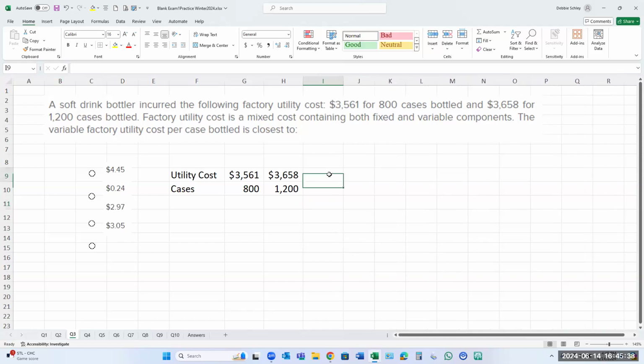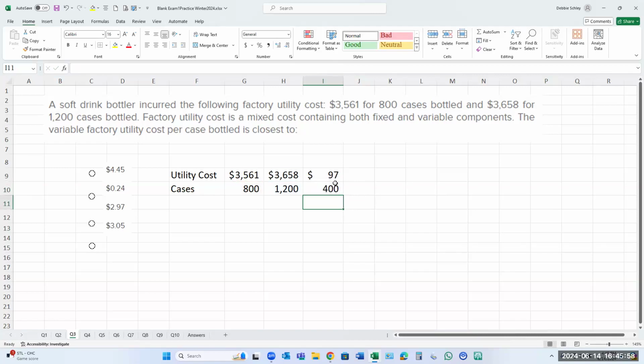So I need to take the difference between the high minus the low cost and the difference between the activity levels, the high activity minus the low activity level.